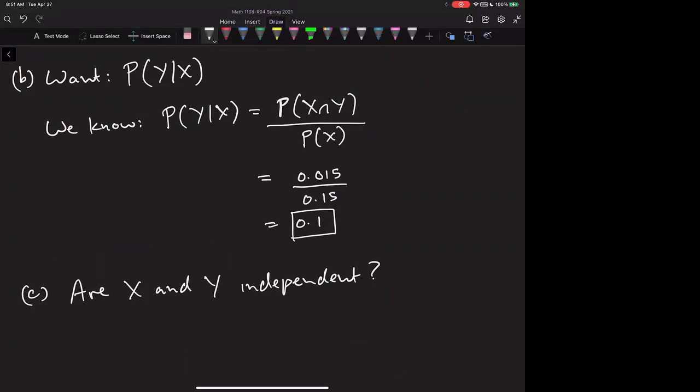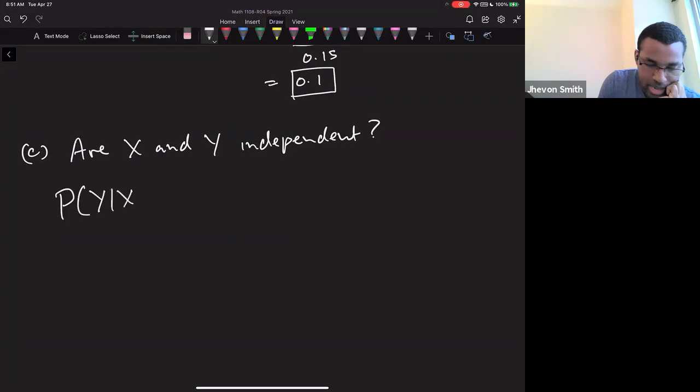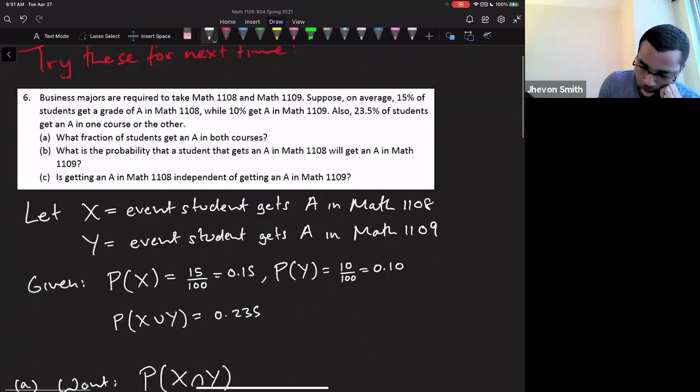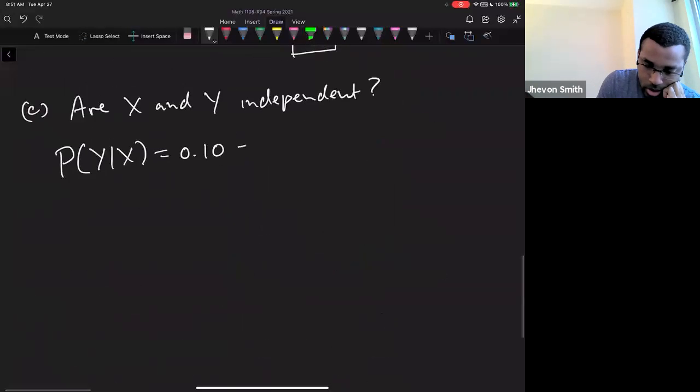Because the rule for independent events says that probability of A given B equals probability of A, and we just found that probability of Y given X is equal to the probability of Y. Probability of Y given X is 0.1, but we also have probability of Y is 0.1.